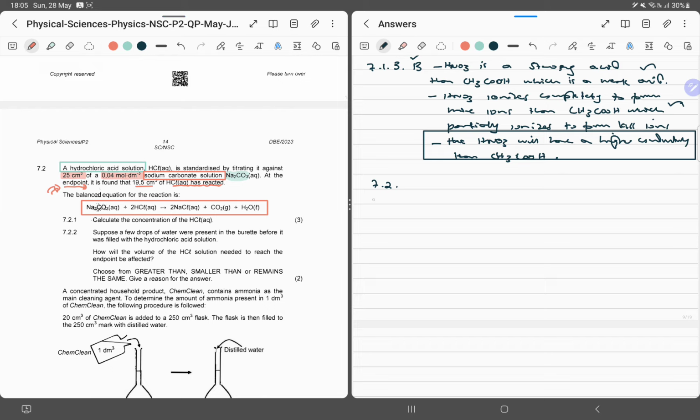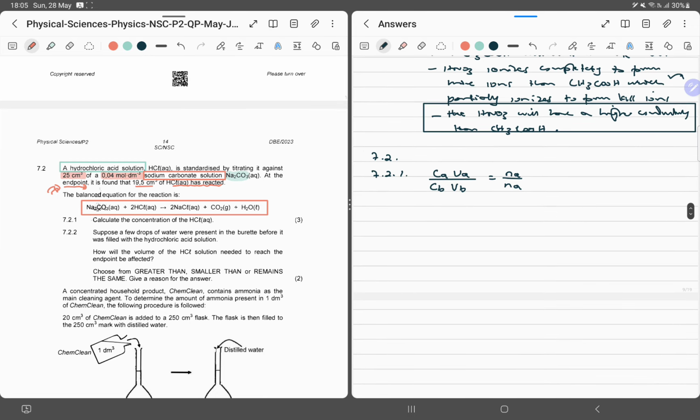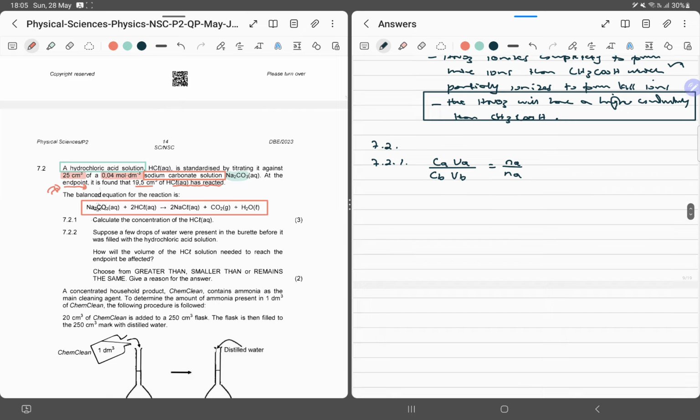That 7.2.1, we know that the concentration of an acid multiplied by the volume of an acid, over the concentration of a base multiplied by the volume of a base, is the number of moles of an acid over the number of moles of a base. So that formula, you only use it when these completely neutralize each other, or else you're going to be in trouble.